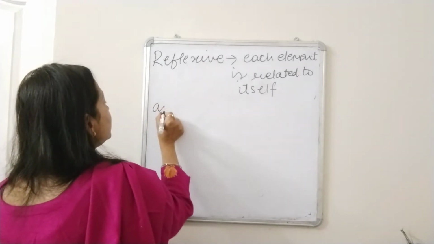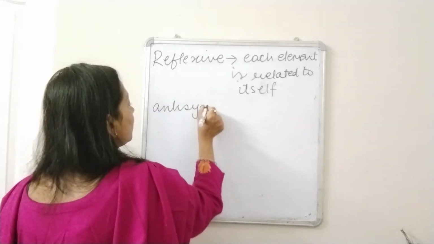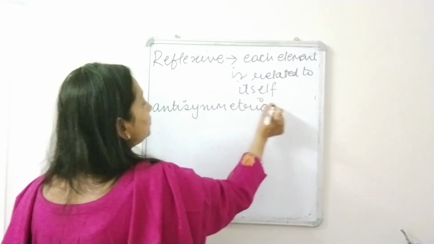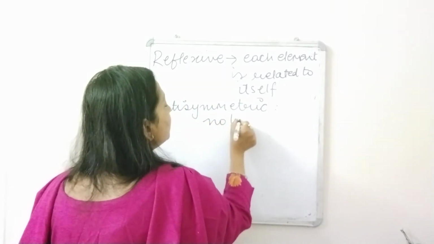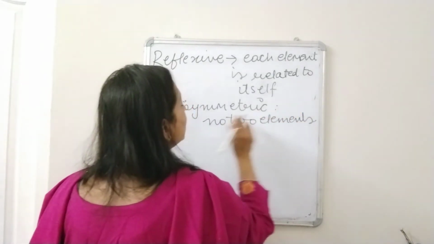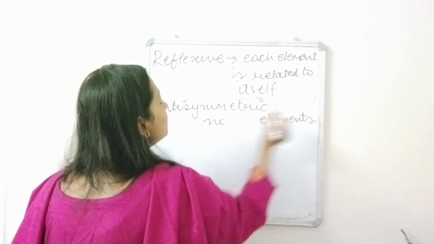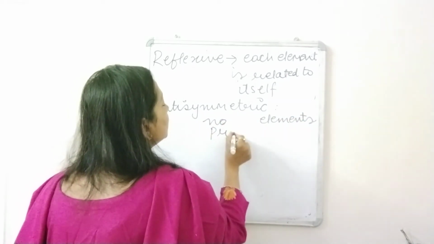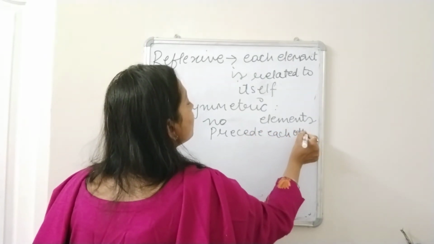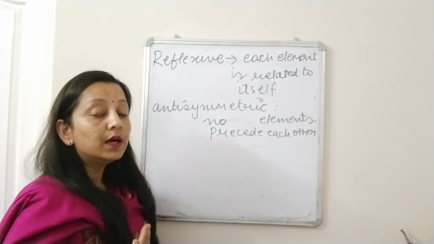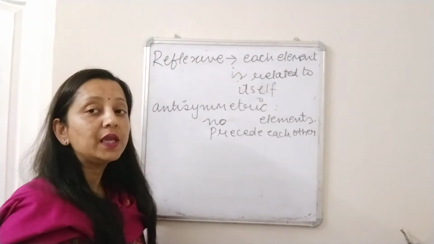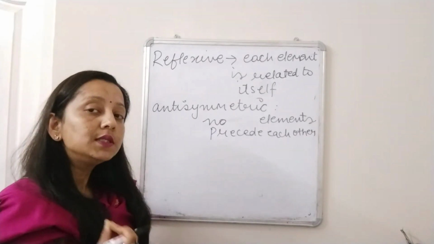Then when I say antisymmetric, it means that no two elements, or no elements for that matter, precede each other. That means if one element precedes the other, then it cannot be the other way round. So this helps us in putting an ordering and forming a sequence.